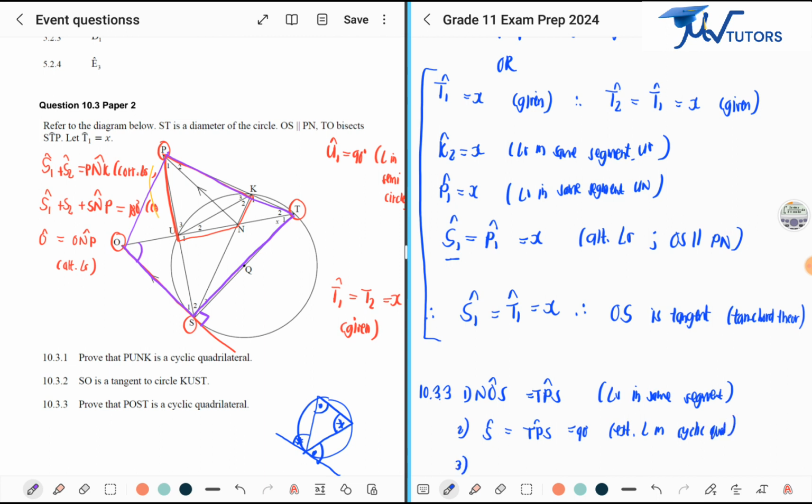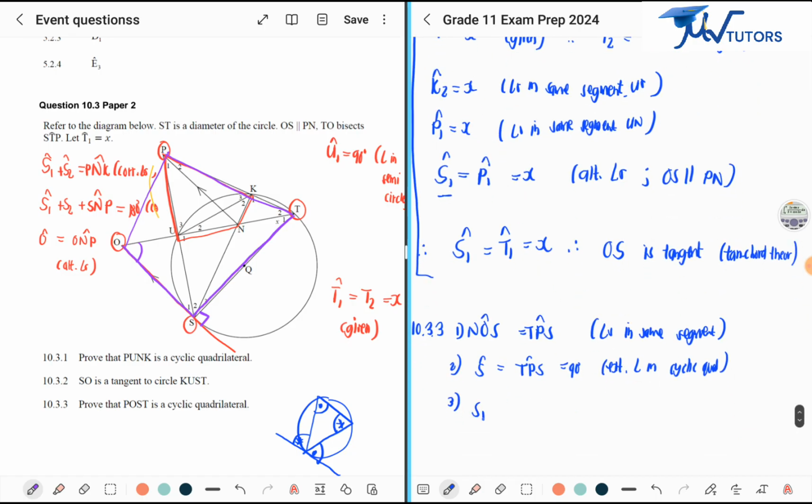The third way of showing is to show that S1 plus S2, which is 90 degrees, plus, okay, let me stop writing S1 plus S2. Let me rather say TSO. I need to show that TSO plus TPO is actually equal to 180 degrees.